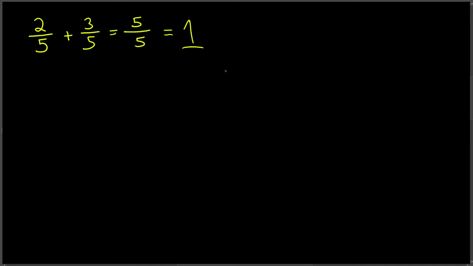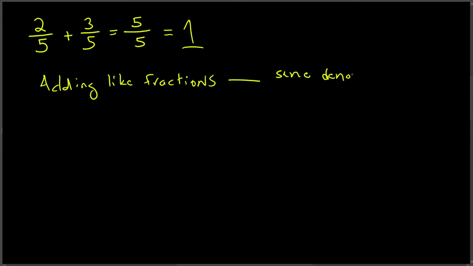That's the process we do for adding like fractions. Adding like fractions means the same denominator, or the same downstairs.